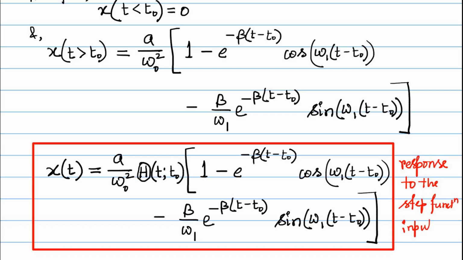Alright, so this is what we have. That's the first step among the 3 steps I described at the beginning: find the response to the step function, find the response to an impulse function, and then finally find the response to a delta function. So this is the general result for the response to a step function.